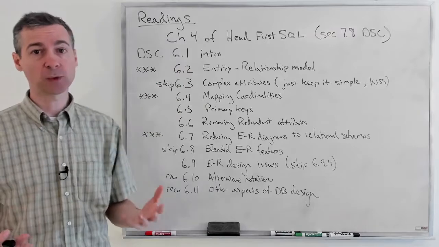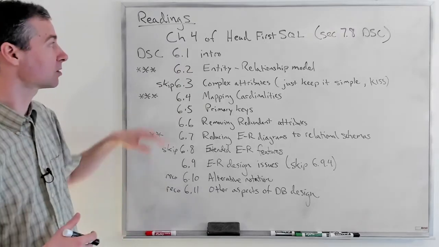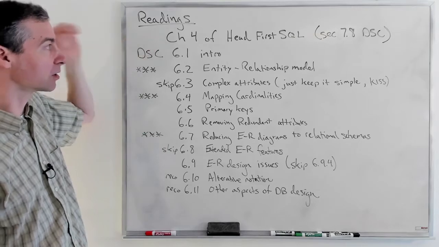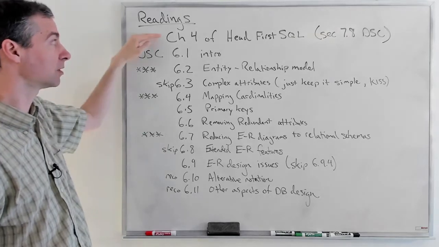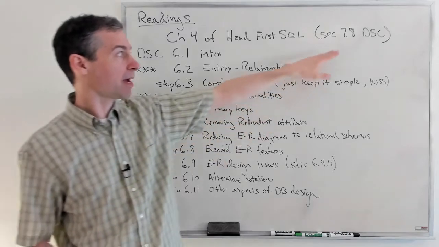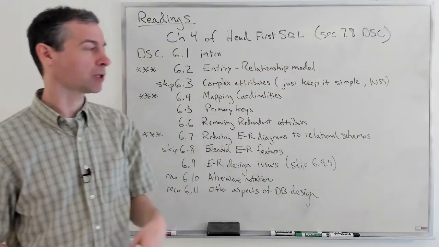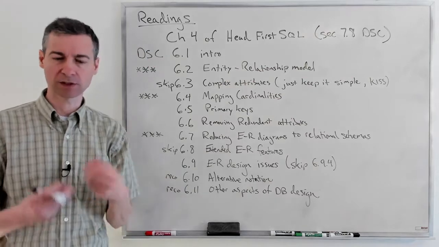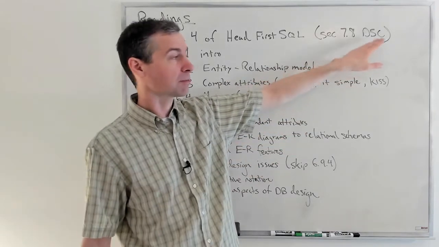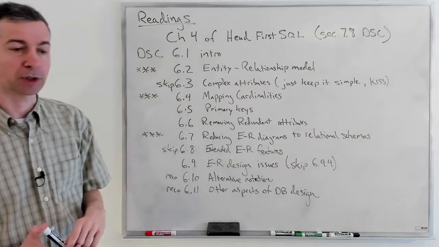To start off with, though, I'm going to talk a bit about Head First SQL, Chapter 4, which is a good thing to look at. This sort of matches up with section 7.8, meaning Chapter 7, section 7.8 in the Database System Concepts textbook.